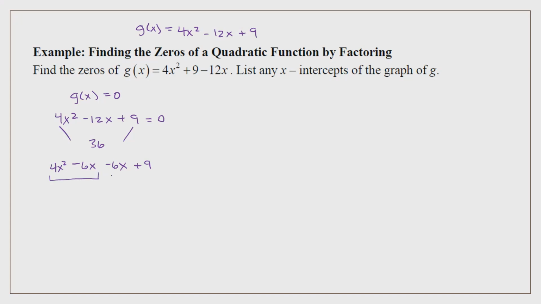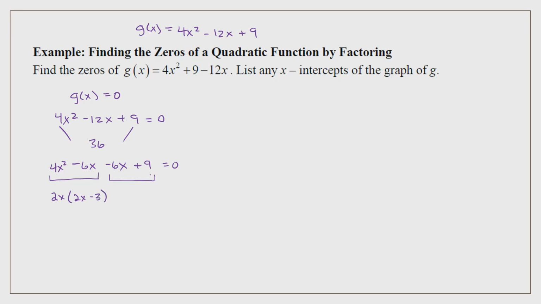So now I'm going to group together the first two terms, group together the last two terms. I'm now going to factor out the GCF. So in the first one, that would be 2x, which leaves me with 2x minus 3.